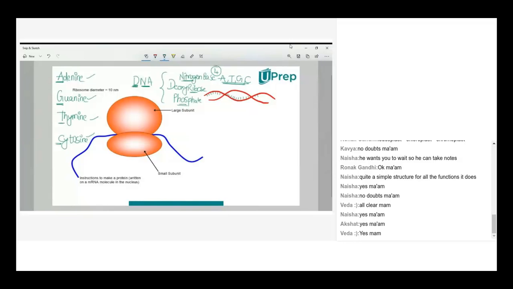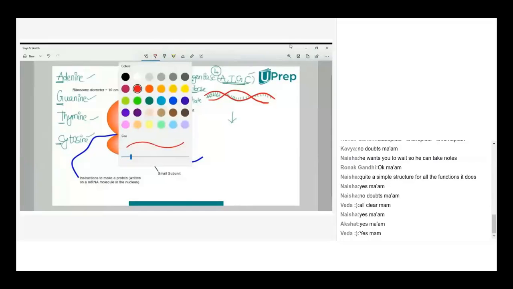The nitrogen bases may be A, G, T, A, C, G, T. It varies, it depends. But only these 4 are present throughout the structure. So assume that this is a DNA. Now, from DNA, you will get synthesis of RNA.